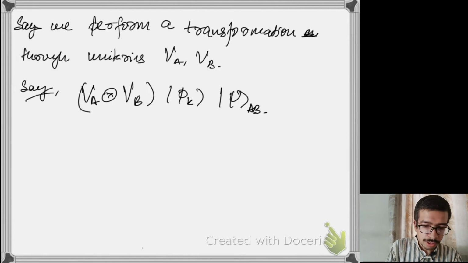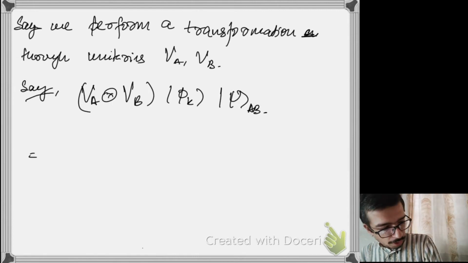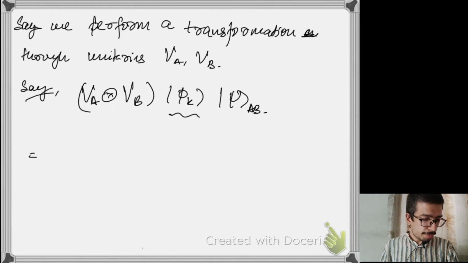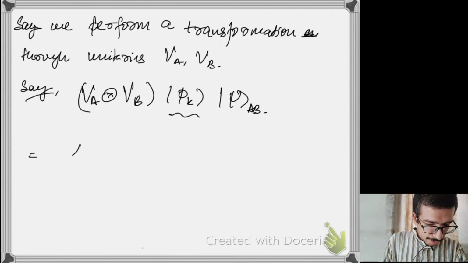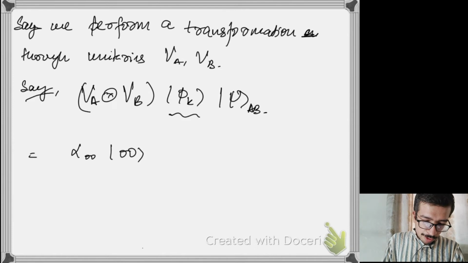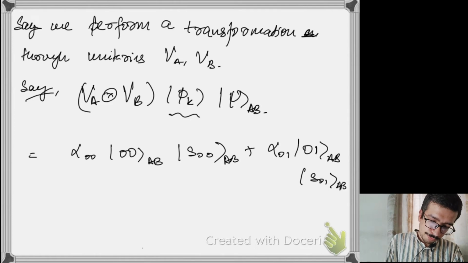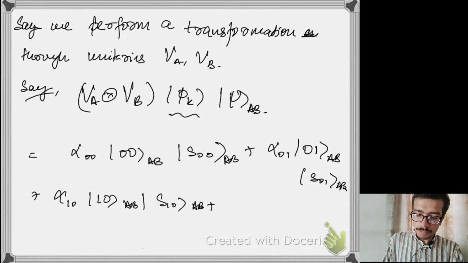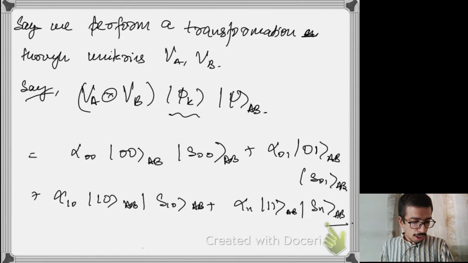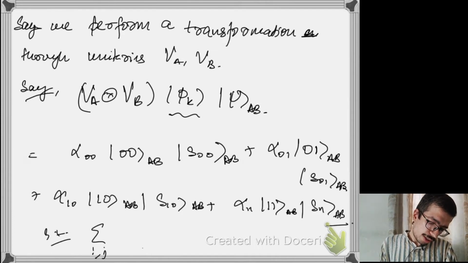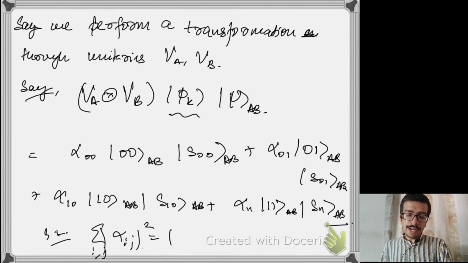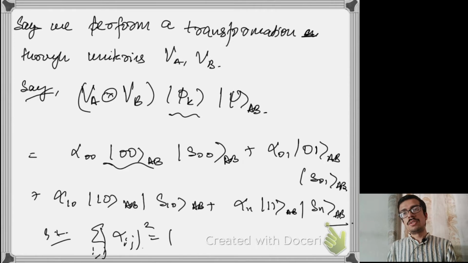So let's say it has transformed this state, and let me actually separate out their first qubit each, right? And let's say it turns out to be of the form alpha_00 |00> |S_00>_AB plus alpha_01 |01> |S_01>_AB plus alpha_10 |10> |S_10>_AB plus alpha_11 |11> |S_11>_AB. Okay, so this is such that the sum over ij of |alpha_ij|^2 must be equal to 1, right? And let us say that this is the first qubit they measure which produces their bit. So this is the assumption we are making, right?